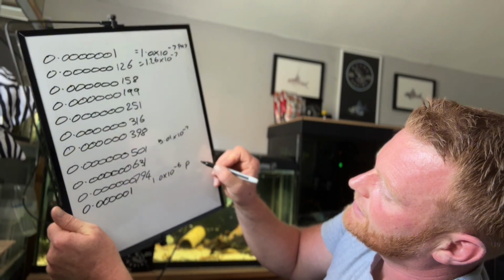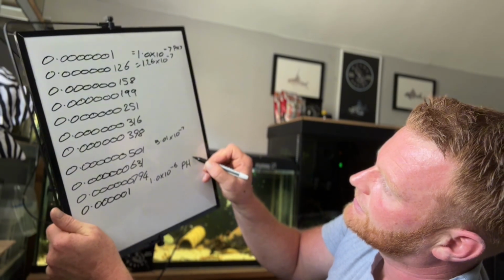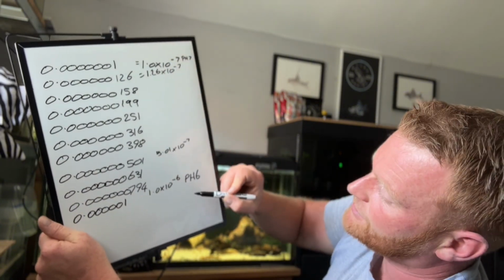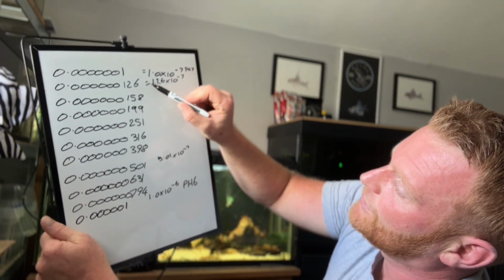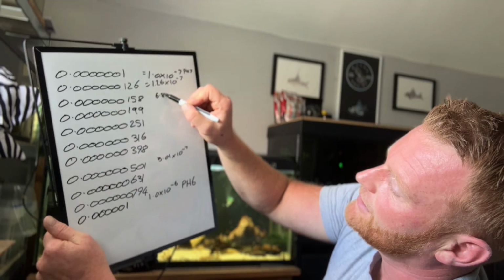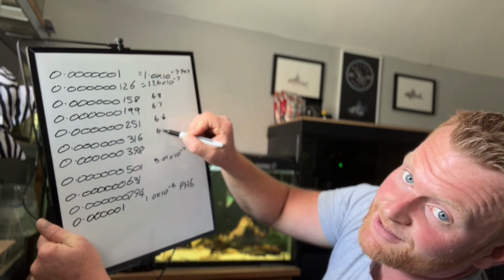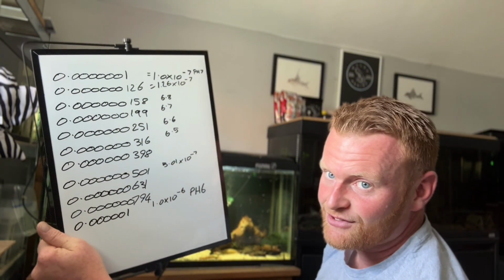This is pH 6. This is pH 7. This is pH 6. This is 6.9, 6.8, 6.7, 6.6, 6.5, and so on and so on.